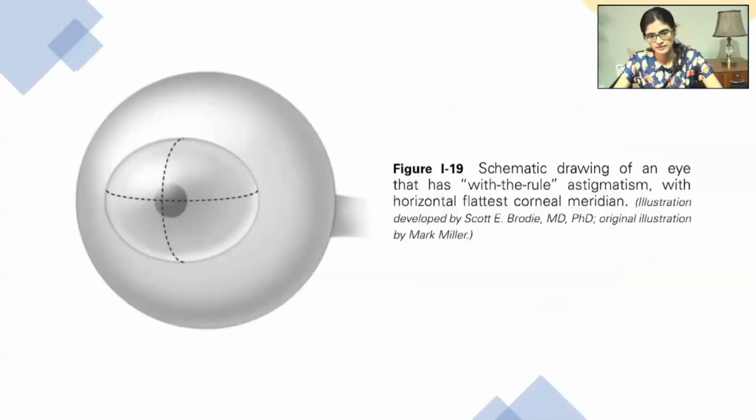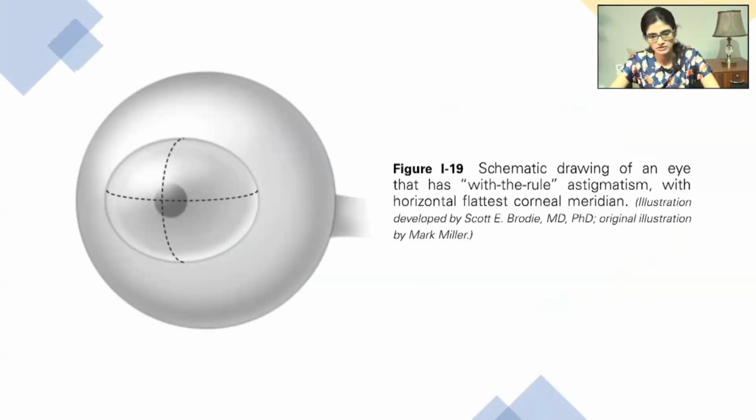Normally in our eyes, we have something called with the rule astigmatism. Our eye is not really football shaped, so it's not a perfect sphere. It's actually like a rubber ball on its side. So basically, the vertical axis is steeper than the horizontal axis. This is normal.